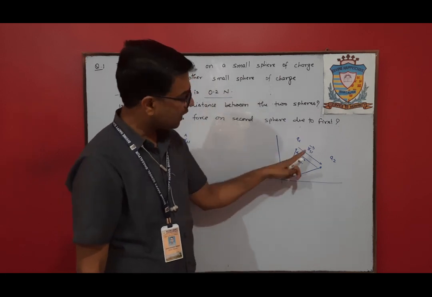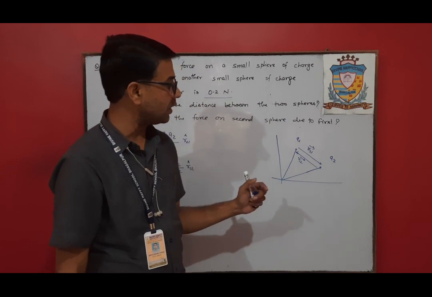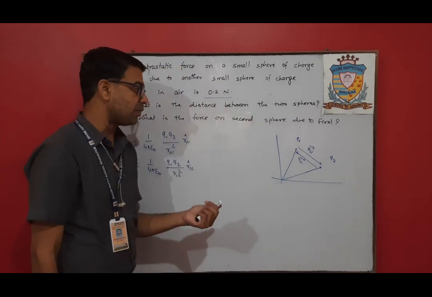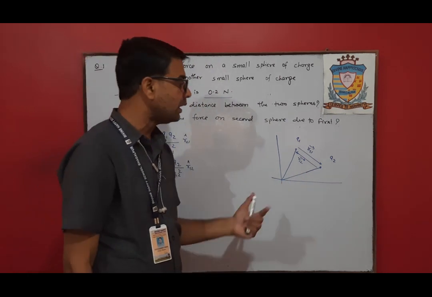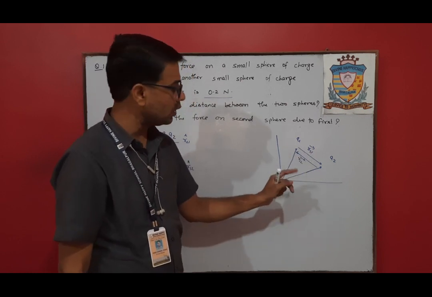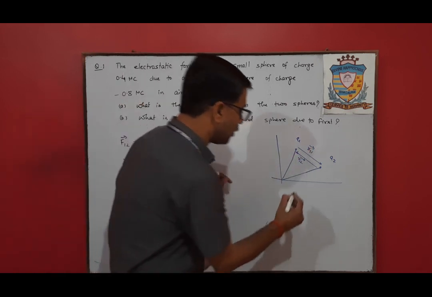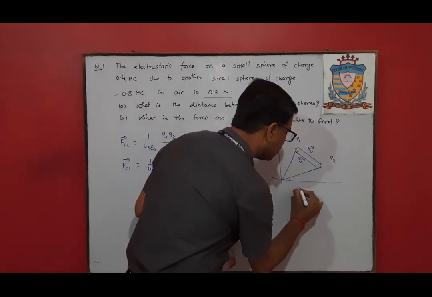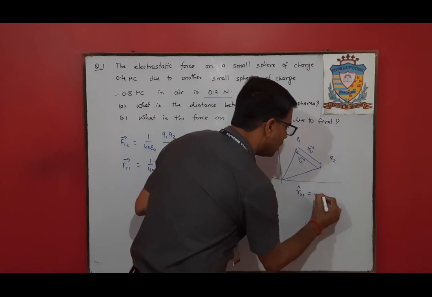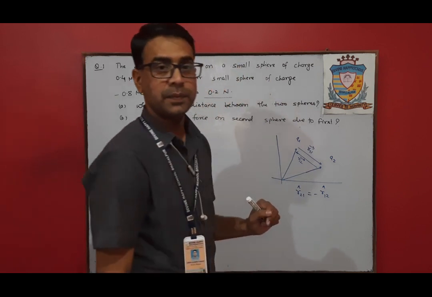So can we say R12 is the negative vector of R21, because we know that a negative vector has equal magnitude but opposite direction? So R12 and R21 have the same magnitude but are opposite in direction. So can we say R21 is equal to minus of R12, isn't it?